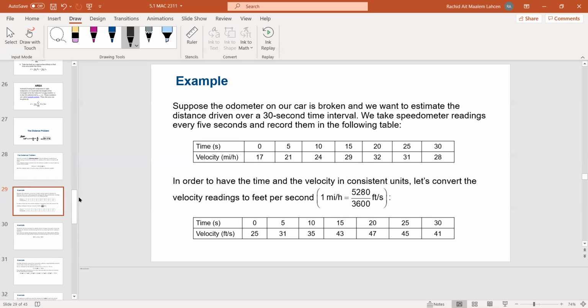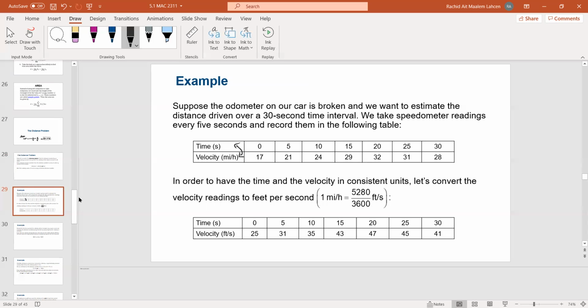You can see that these don't match. So one thing we will definitely need to do is convert these units, and for the conversion you can use this formula, because a mile is 5,280 feet, and an hour is 3,600 seconds.